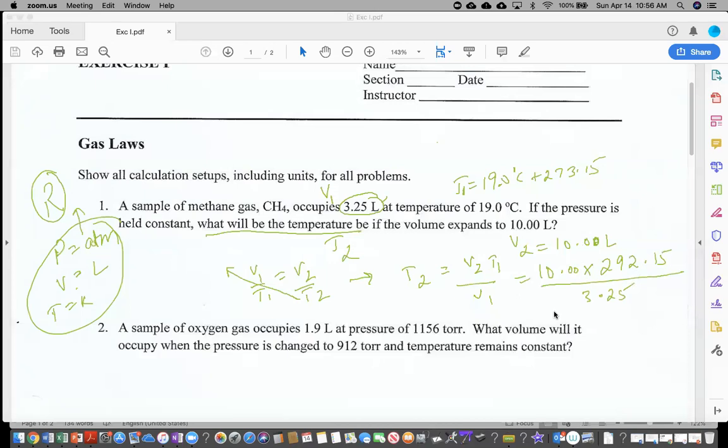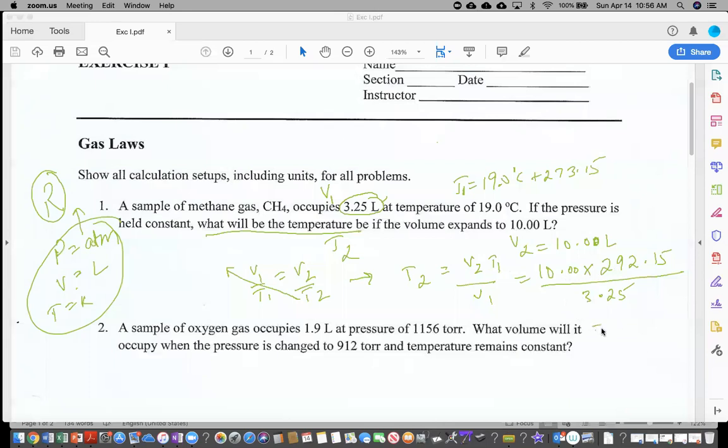Wait. V1 over T1 equals V2 over T2. T2 is equal to V2 T1 over V1, and then it's 10 liters times the temperature. I'm doing it again too. What did you get? I got 898.92 this time.